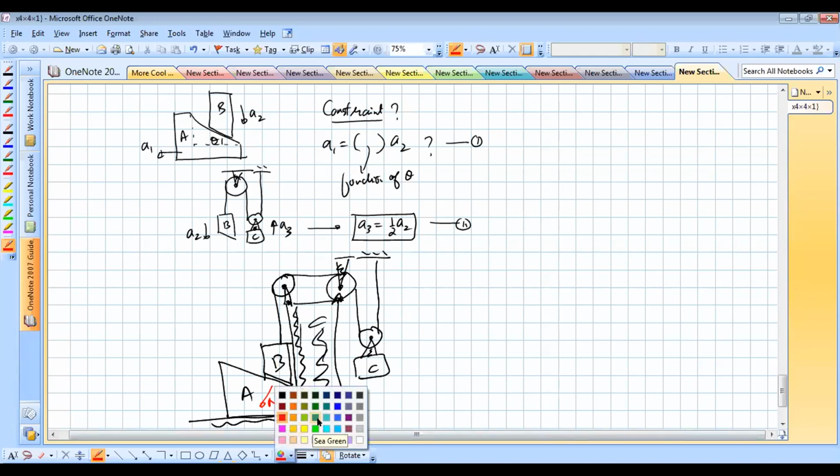On the block B, there is an equivalent normal reaction like this, and there is tension. On this there is heat.